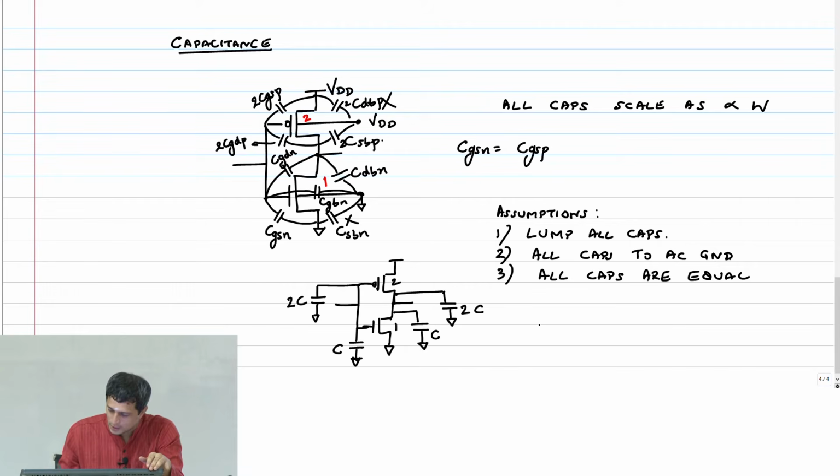So the net thing I can do is take an inverter and simply write it as a sum of two capacitances.